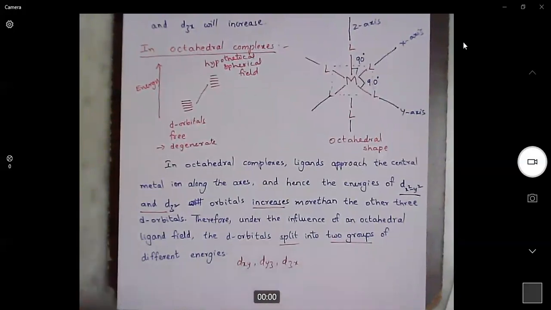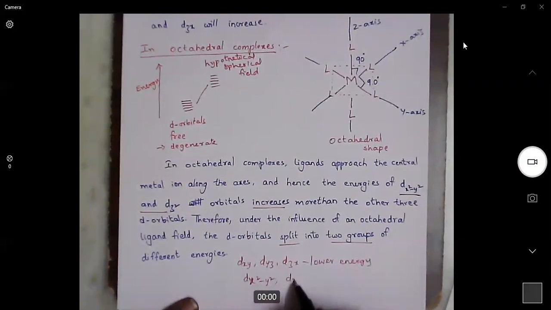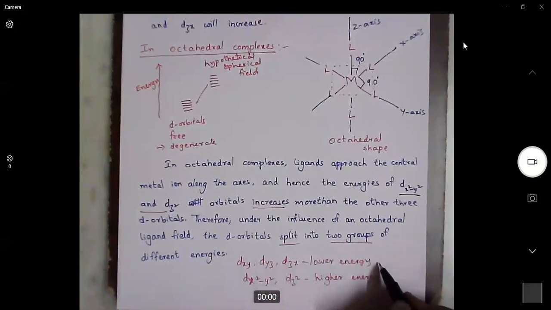These 3 orbitals form the lower energy group, and dx square y square, dz square form the higher energy group. The dxy, dyz and dzx group is called the T2g group. The dx square y square and dz square group is called the Eg group.